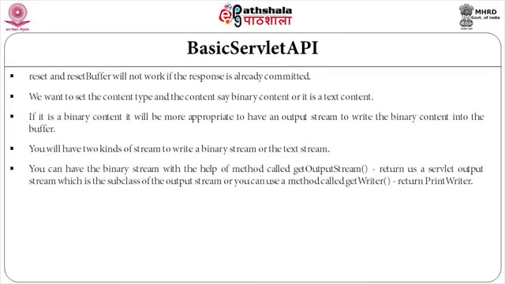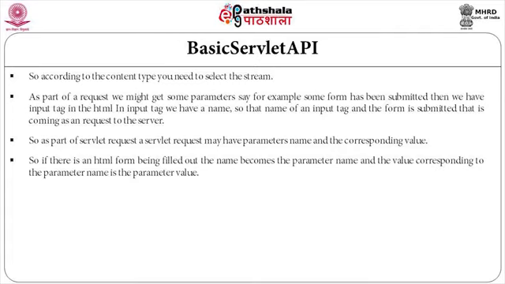According to the type of content you would like to write, you select your stream and get your stream object using getOutputStream or getWriter. Those methods give you a stream, and it is these streams that will be used for writing content into the buffer. That covers the most common methods used in the servlet response.